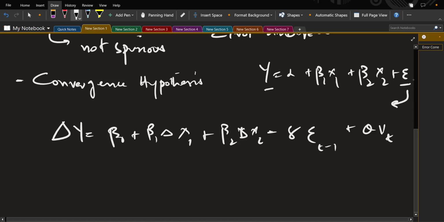This is the specification for the two-step ECM.